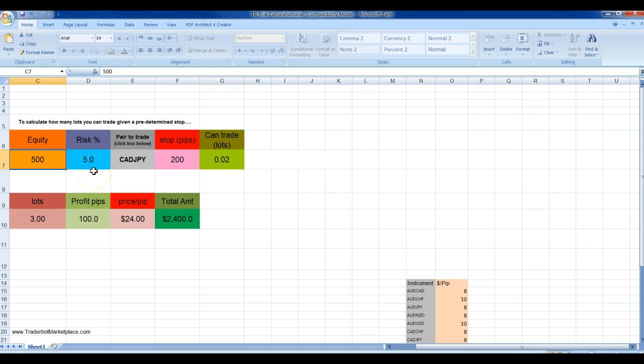So then we come down here and put 0.02. I don't know what your profit pips would be. Assuming there are only 20 pips, you make $3.20, because your price per pip is only 16 cents.